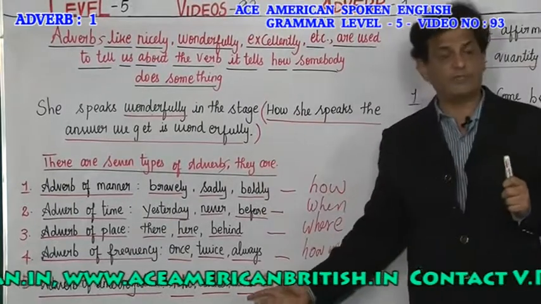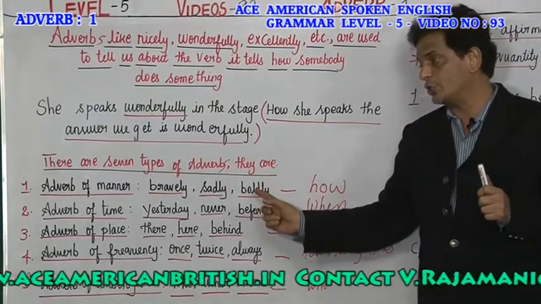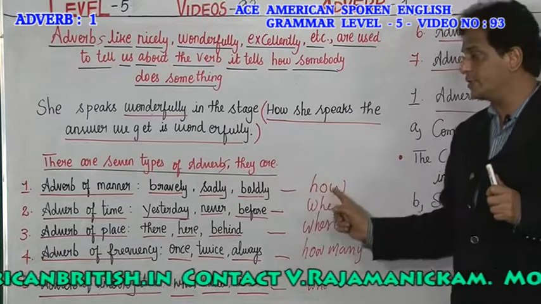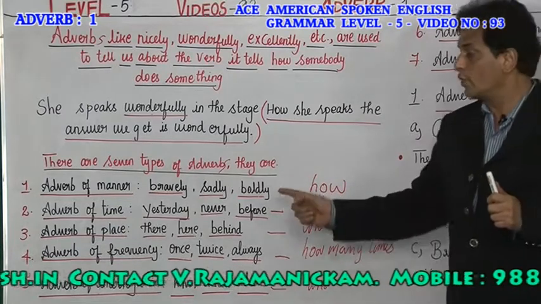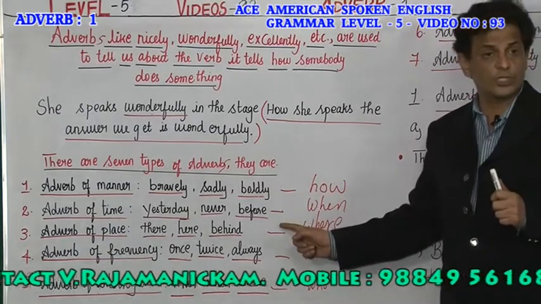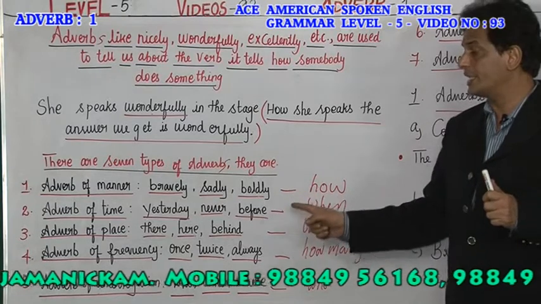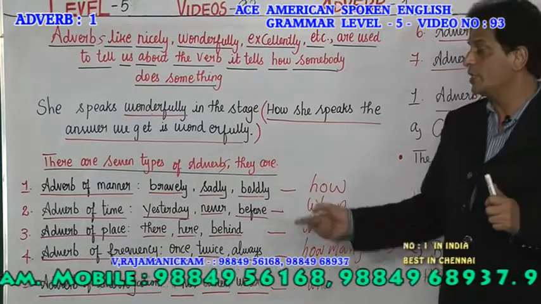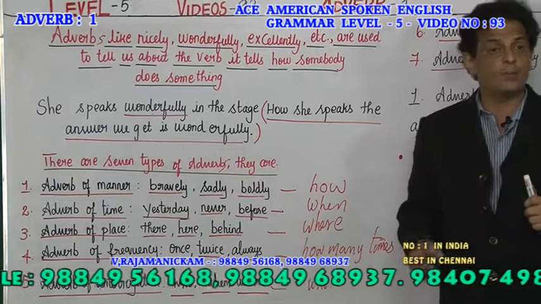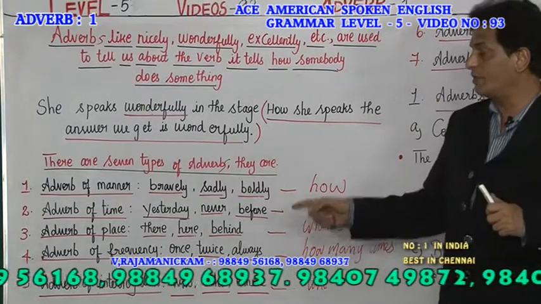We have seen 5 types of adverbs. You ask the verb how, the answer is adverb of manner. You ask the verb when, the answer is adverb of time. You ask the verb where, it is called adverb of place.